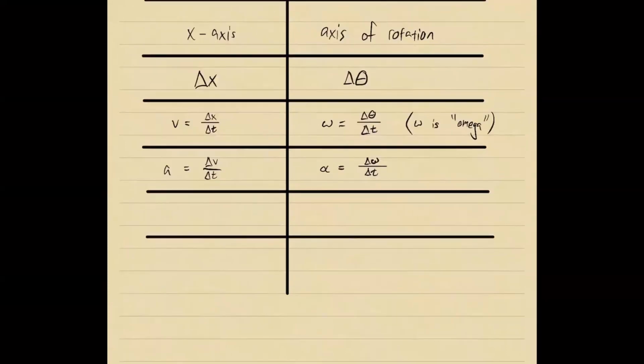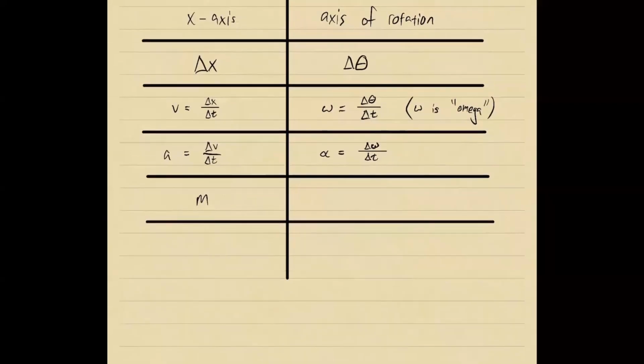Furthermore, in 1D kinematic motion stuff, we had the mass of our object. But for rotational stuff, that's going to be represented by this variable I, which is called the moment of inertia.